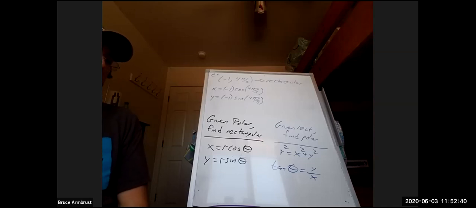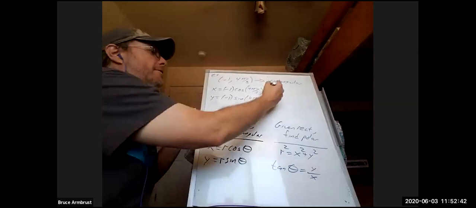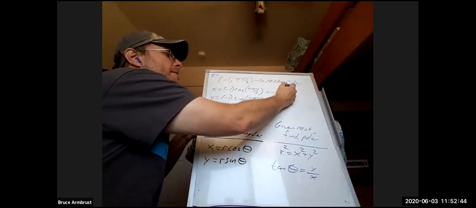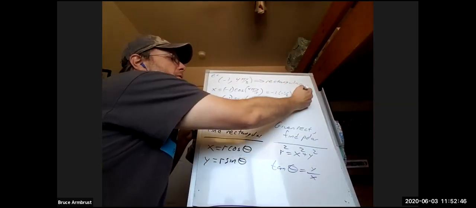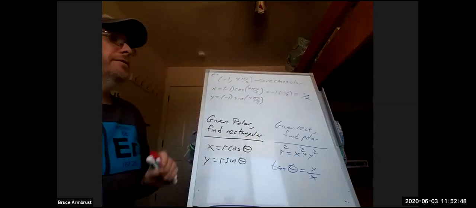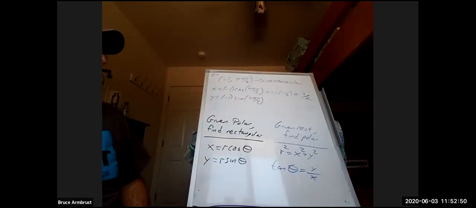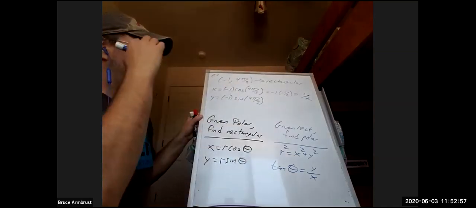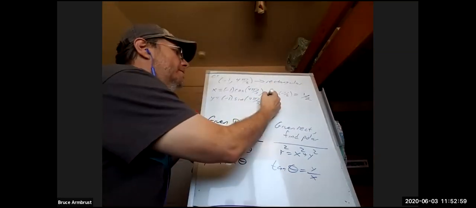If you go back and you look at your chart, you see that the cosine of 4 pi over 3 is -1/2. So that gives us an x-coordinate of 1/2. All right, so the y, well, sine of 4 pi over 3, that was -√3 over 2.